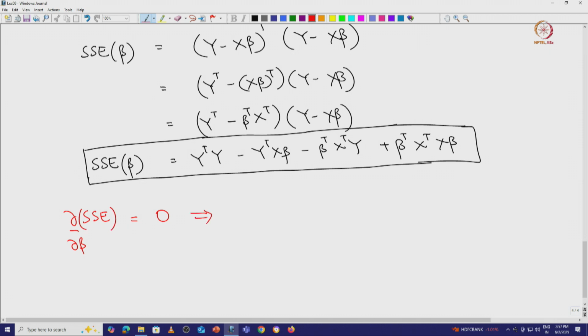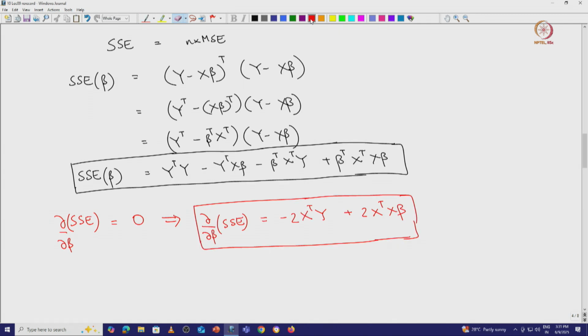If you carry out these derivatives carefully using the rules of matrix and vector calculus, you will see that del SSE del beta comes out to be minus 2 x transpose y plus 2 x transpose x beta. So that is what we have for del SSE del beta.